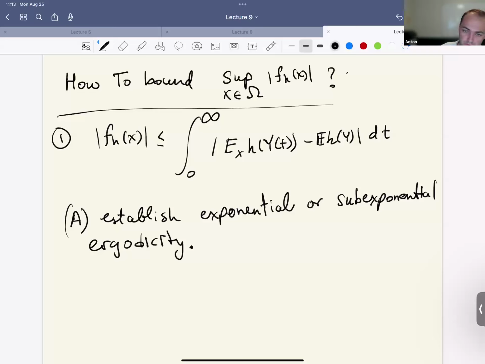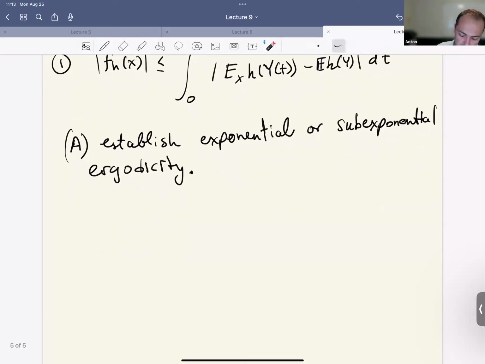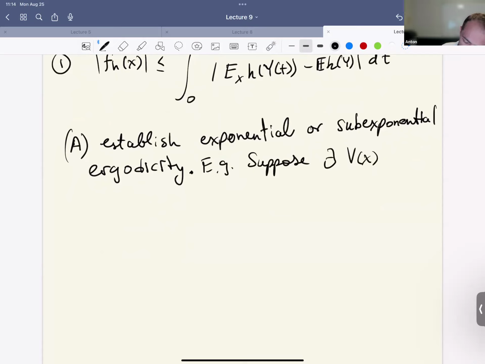And this is the approach that is proposed by Tygorovich in the paper, hence the title Exponentially Ergodic Diffusions. And how do we do that? For example, suppose there exists some V, and I've said this before, it's bigger than or equal to 1, let's say, such that V of x goes to infinity as x goes to infinity.